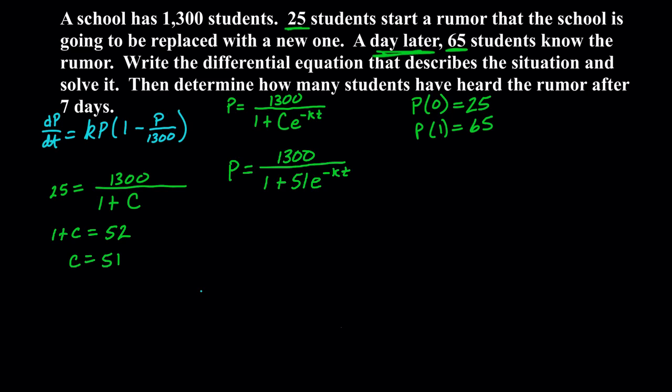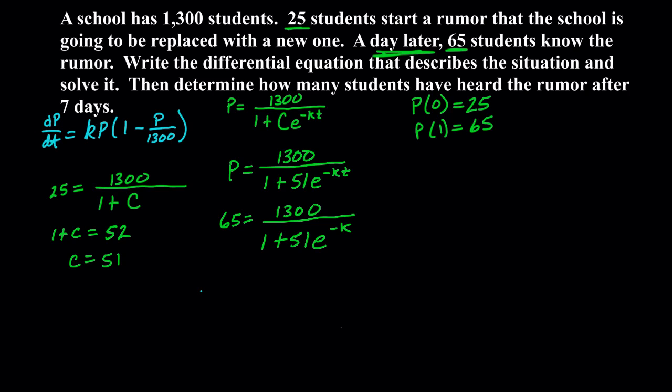We're going to use the other coordinate. P of 1 is 65, so that's going to give us 65 is equal to 1,300 over 1 plus 51 e to the negative 1 times k, which would be negative k.